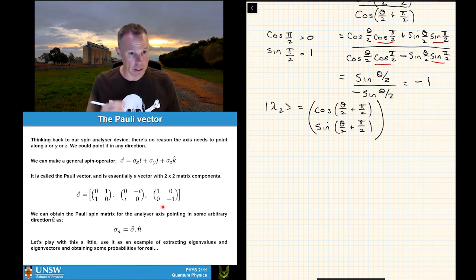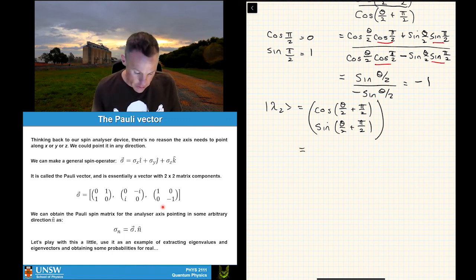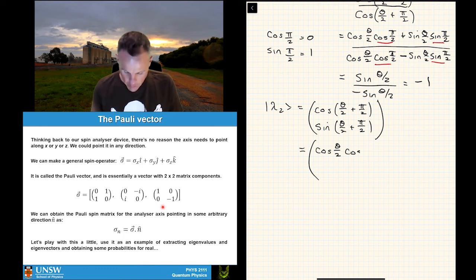And of course, we can do exactly the same expansion that we did in the previous part for the eigenvalue. So this would now be cos theta on 2 cos pi on 2 minus sine theta on 2 sine pi on 2 for the top term.